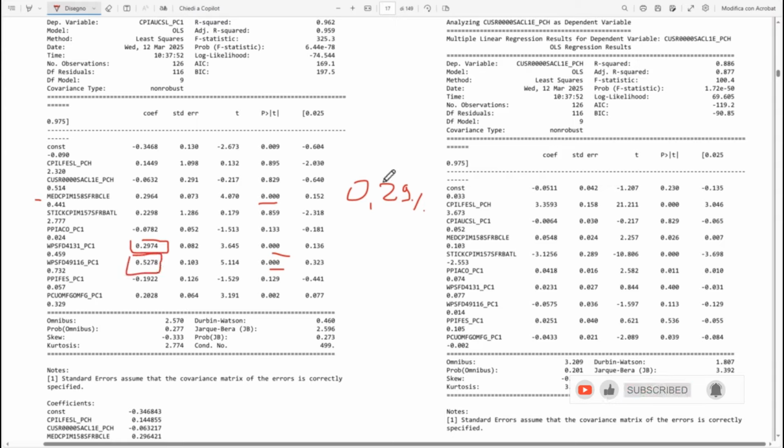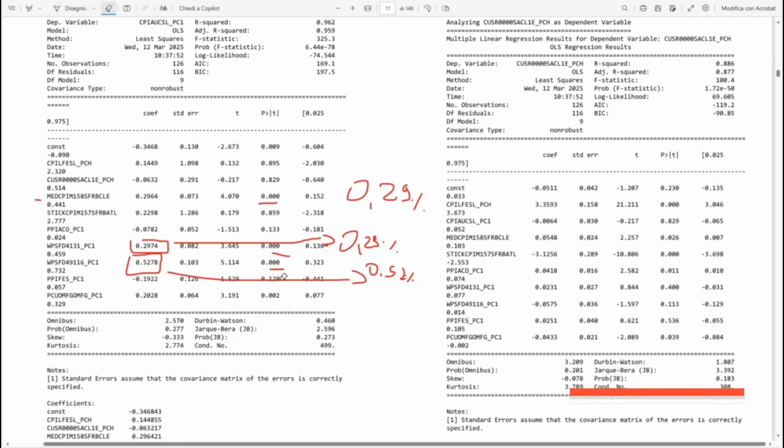It means that if CPI is up 1%, then core producer price index has increased by 0.29% or by, you can see, 0.52%. Yeah. So these are the coefficients which are very useful to have a broader measure or a rough idea of how things move around.